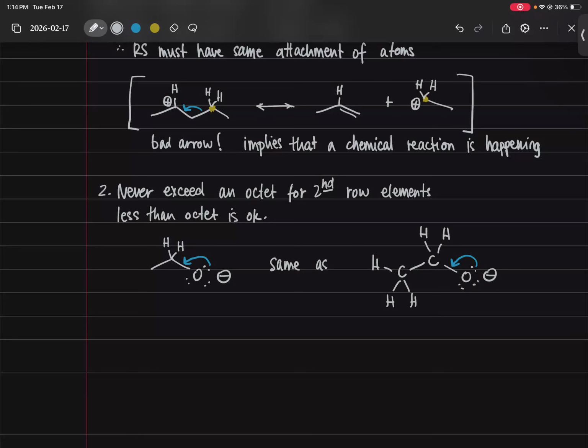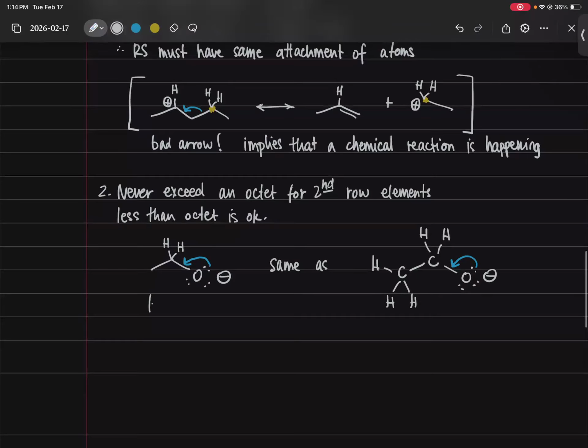But never exceed an octet for your atoms. That would give our carbon 5 bonds.